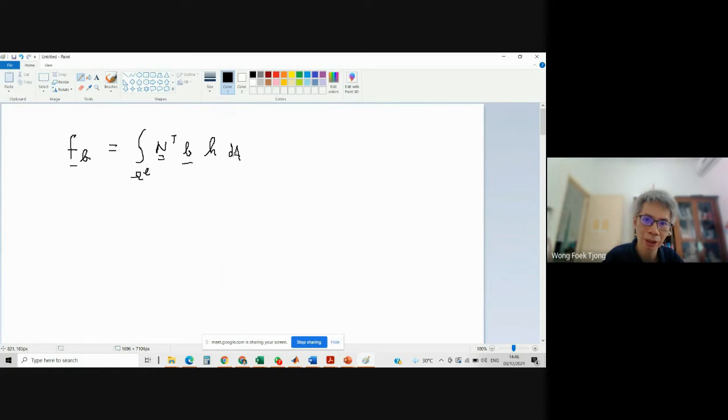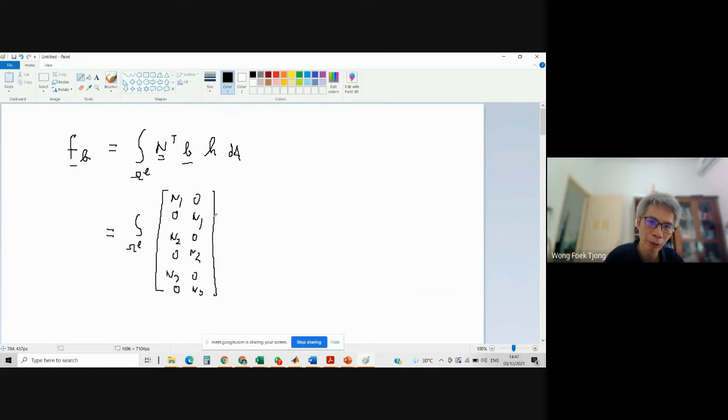So this is an area integral, right? Area integral over the element. Okay, but the shape function matrix is this one. We define the shape function matrix transpose as this one, right? N1, N2, N3. This is the shape function matrix transpose.